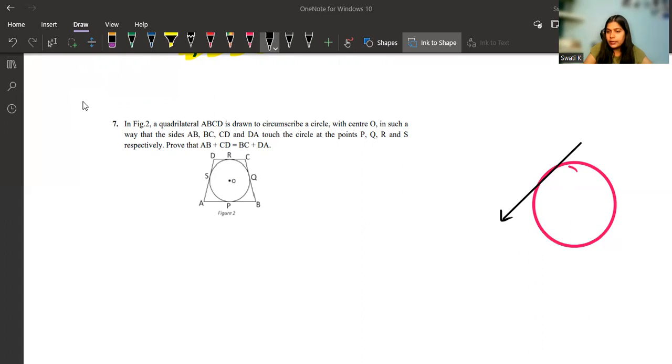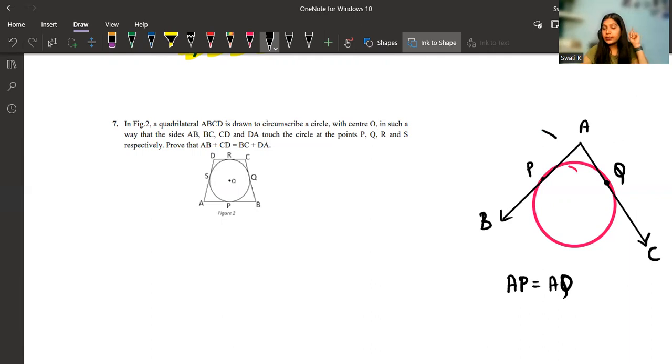Remember, this is A, this is B, this is C, and the points where it is touching are P and Q. So in this case, remember that AP is equal to AQ. This is a theorem: whenever we have tangents drawn from an exterior point to a circle, they are equal in length.